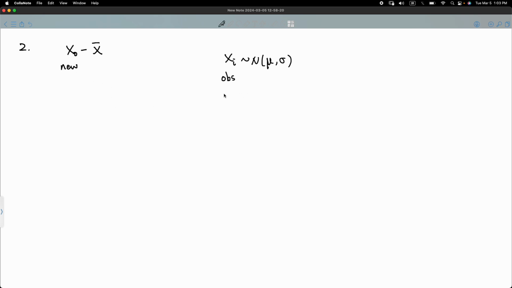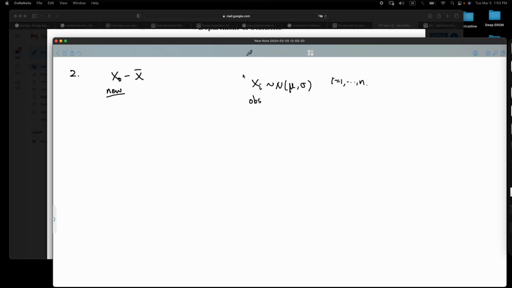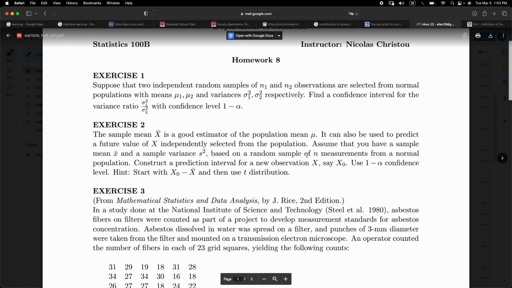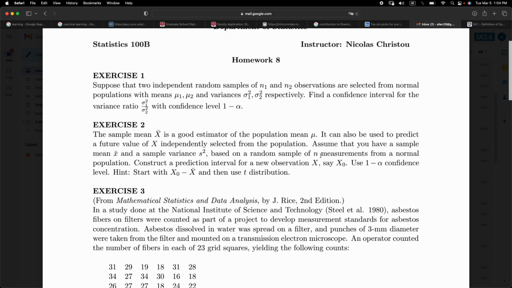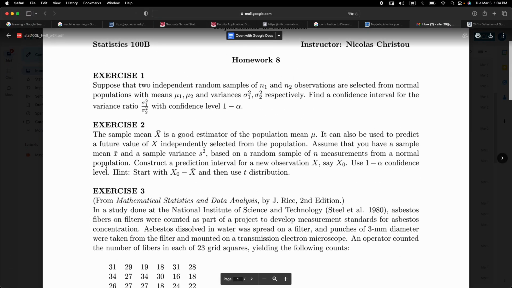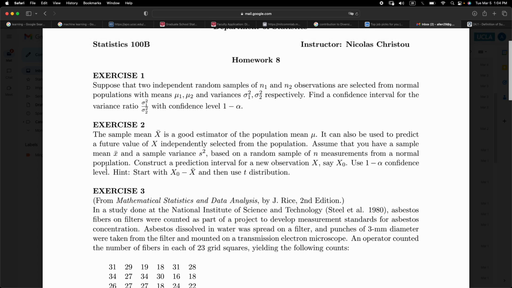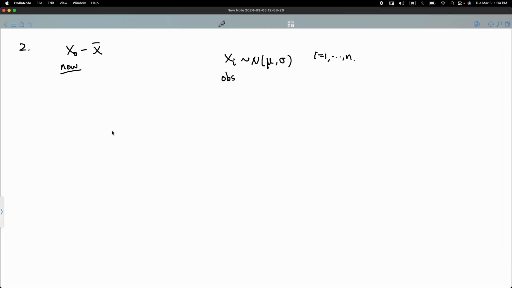So i is from 1 to, let's say, lowercase n, not 0. 0 is referring to the new observation. This part refers to the question, which is based on a random sample of n measurements from a normal population, but it does not specify mu and sigma. So here we just assume mu and sigma because they are not given in the question.